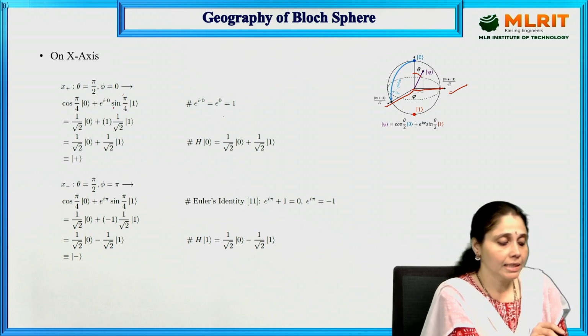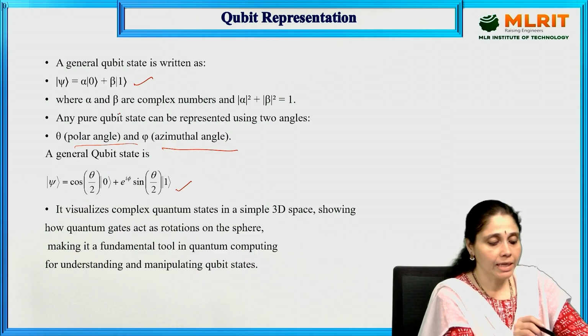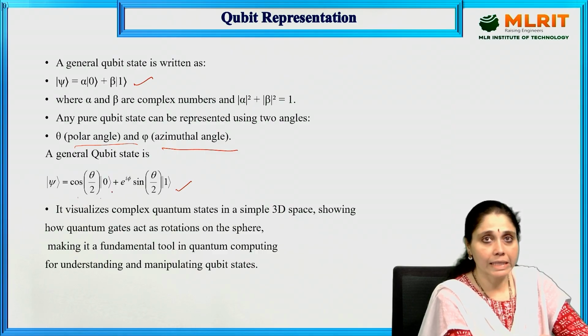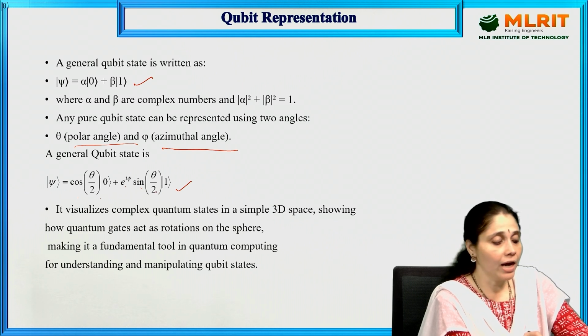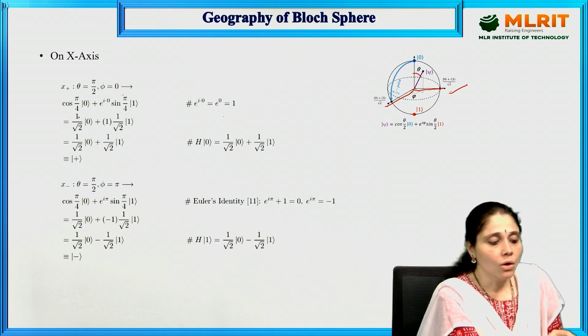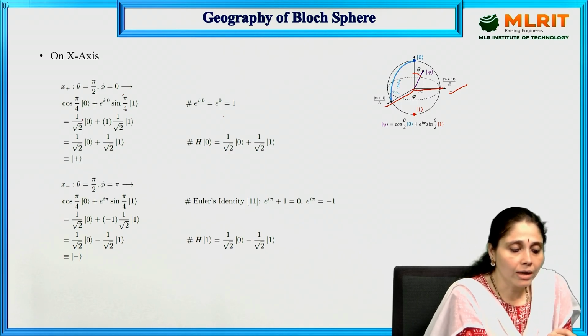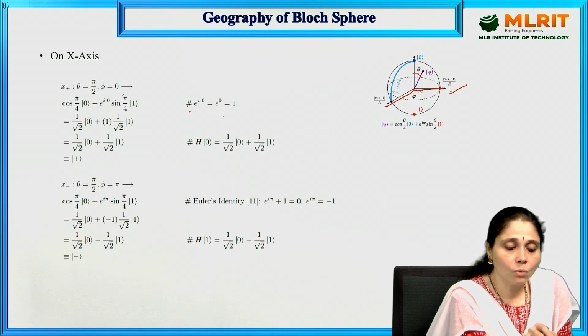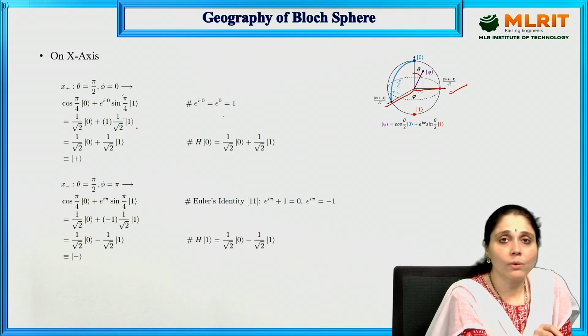So where does this equation come from? We have already seen the general equation, cos theta by 2 ket 0 plus e power i phi sin theta by 2 ket 1, and we are going to represent this general equation by keeping theta as pi by 2. So 1 by root 2 ket 0 plus 1 into e power i 0, which is equal to 1, into 1 by root 2 ket 1.